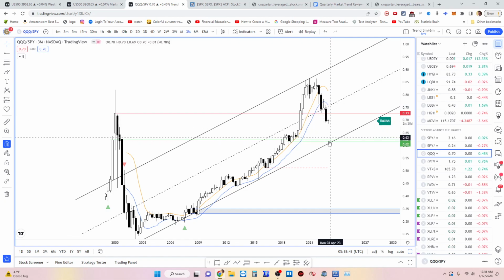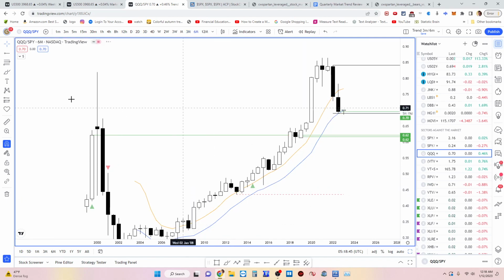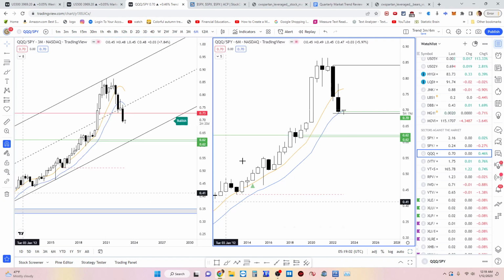A good spot to buy would be here, and I got those green levels because of the 6 month. The 6 month breaker that we retested and resumed off of. This would still be a good level to buy at because it's near 6 month demand. 6 month demand is the close of the down candle on the 6 month.